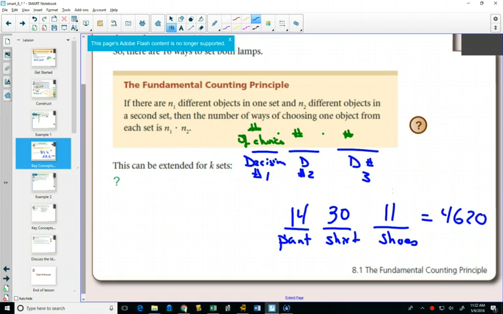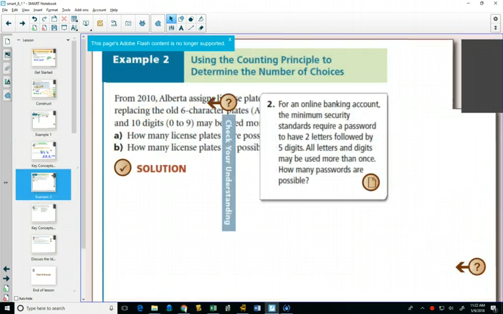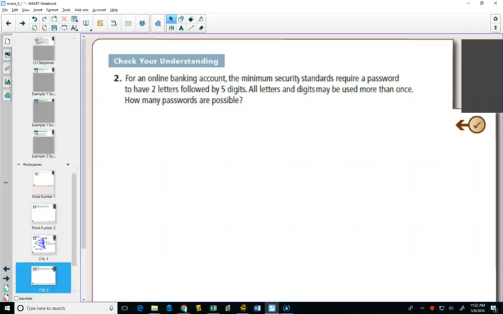So if we go to example number 2 here, one of the places that the fundamental counting principle is very useful is for counting possibilities. Like we're going to look at how many passwords are possible. And the more passwords that are possible, the harder it is for you to guess what my password would be, right?